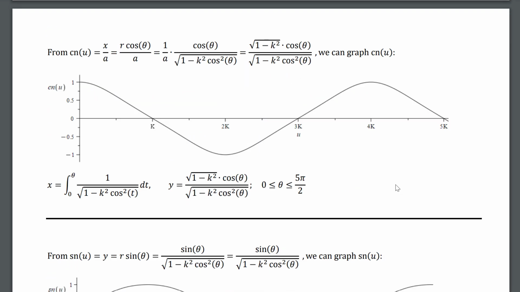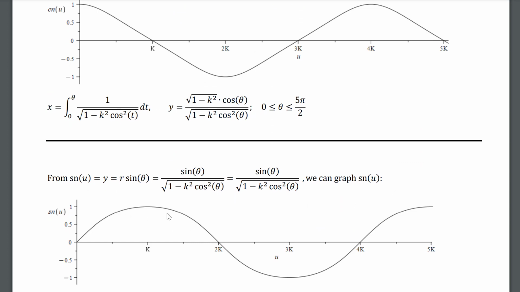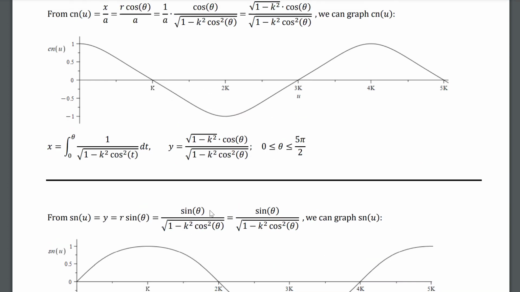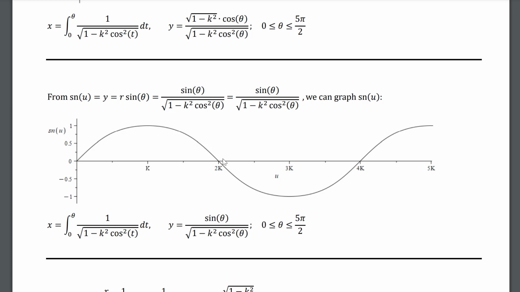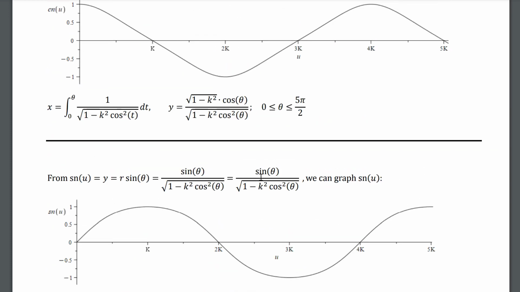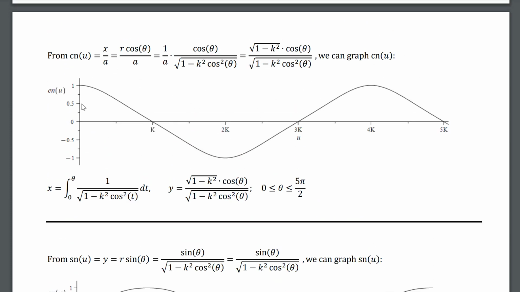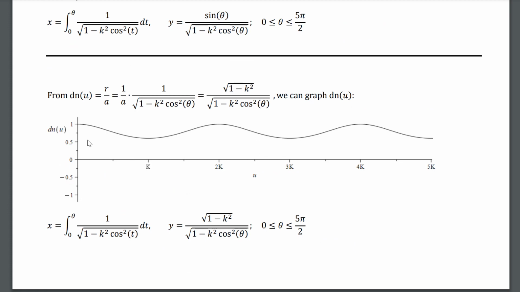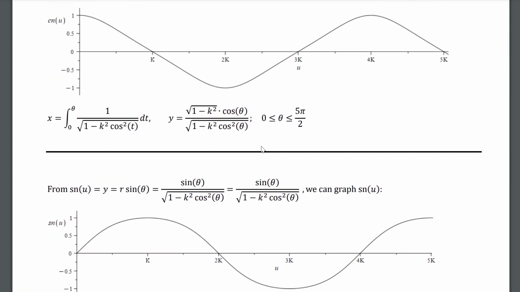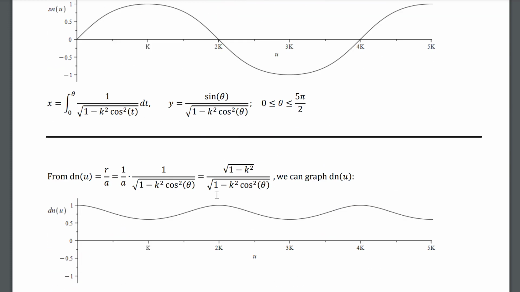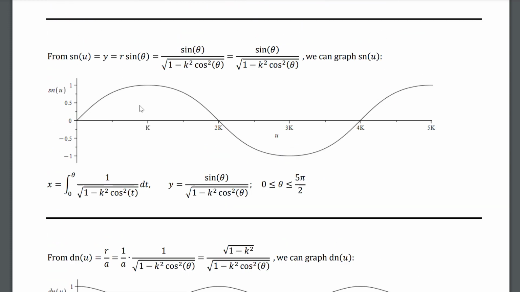And if we look at these graphs, a translation of sn will not give cn. You can see they're different. These are for the same value of k equals 0.8. So translating sn will not give us cn. But it turns out cn of u divided by dn of u is a translation of sn.